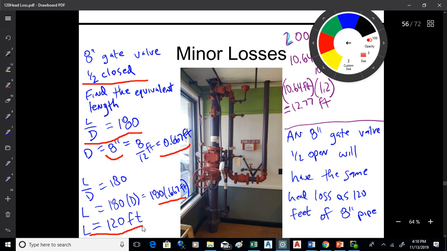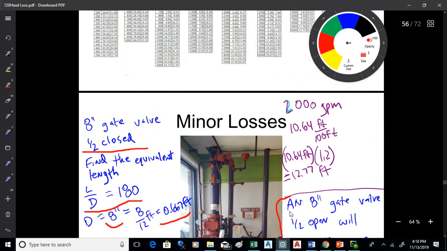It's 120 feet. What that's telling us in this case is that an 8-inch gate valve will have the same head loss as 120 feet of pipe. So an 8-inch gate valve half open will have the same head loss as 120 feet of 8-inch pipe.